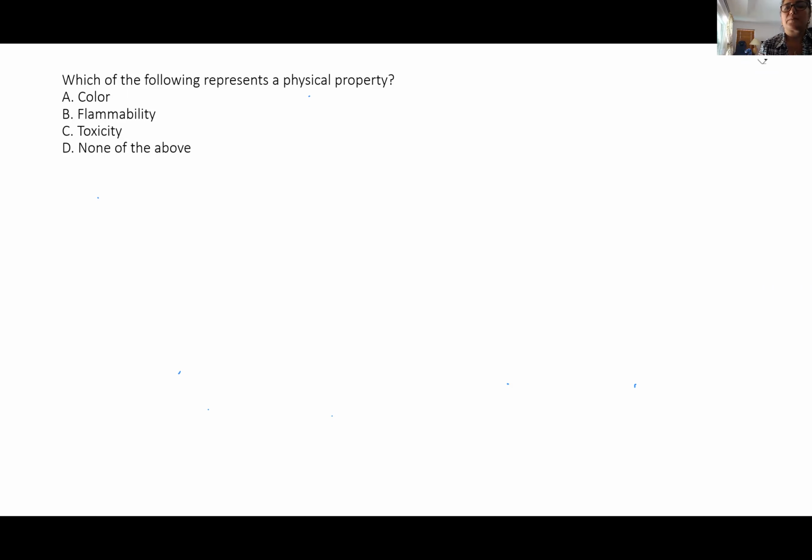Now, this question is asking which of these are physical properties. Physical properties are properties that can be observed, seen by the senses, or measured. Chemical properties have to do with the chemical composition of the compound, like the ability to go through a chemical reaction.